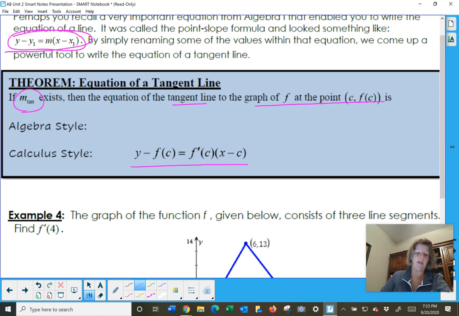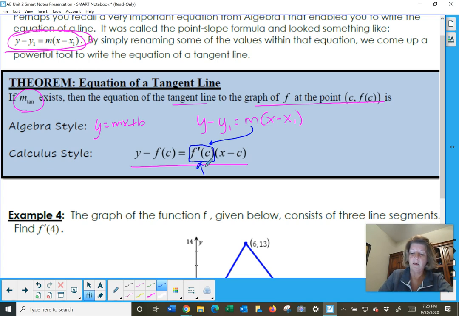If you remember in algebra, we had y equals mx plus b, but that was always kind of a pain because you had to know b. An easier one to work with was y minus y1 equals the slope times x minus x sub 1. And you can see how things cross over here. Our slope is found by using the derivative at a point.